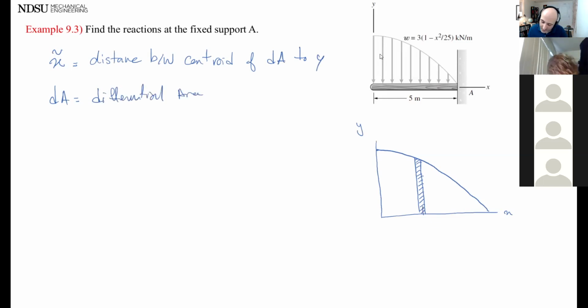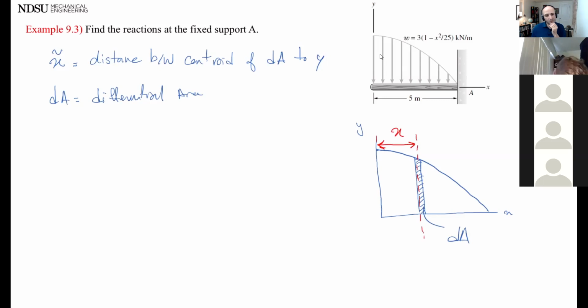And dA is just differential amount of area, right? So this is my dA. Centroid of this one to y-axis, which is going to be same as my x.